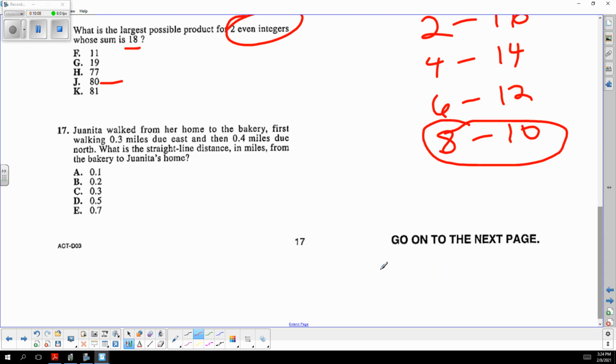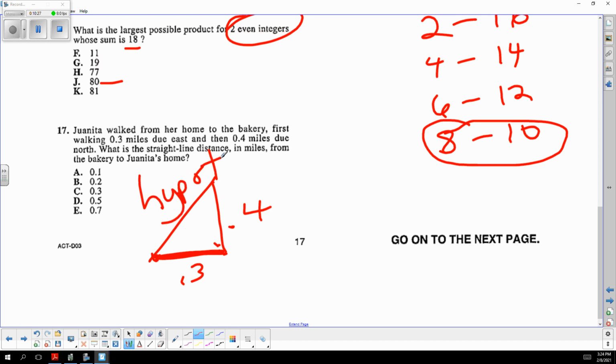Tough problem for 16. Yeah, you're walking at a right angle, so 0.3 east would be moving this way, huh? And then 0.4 north would be moving this way. How far are we from home? That's the hypotenuse.